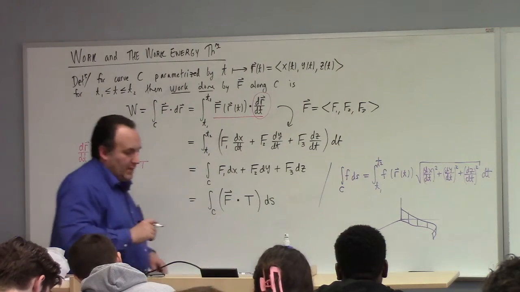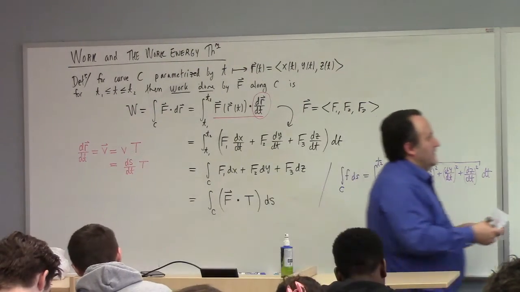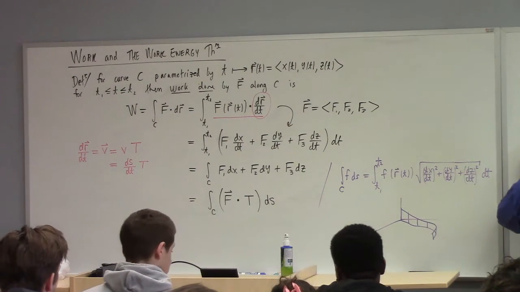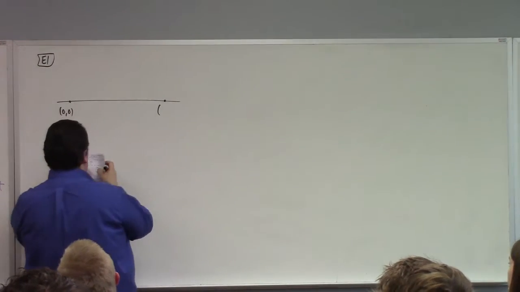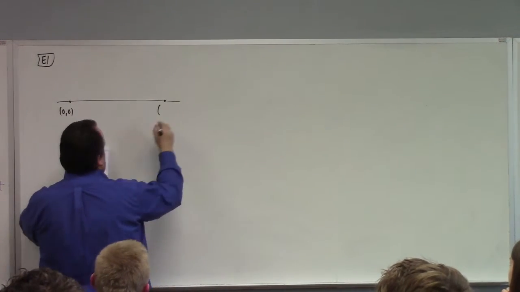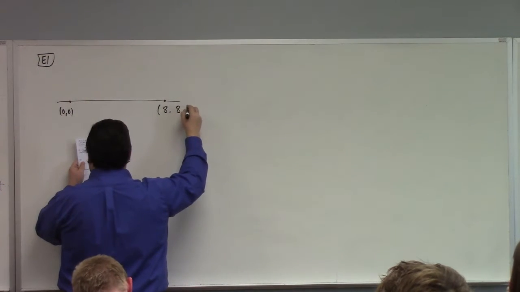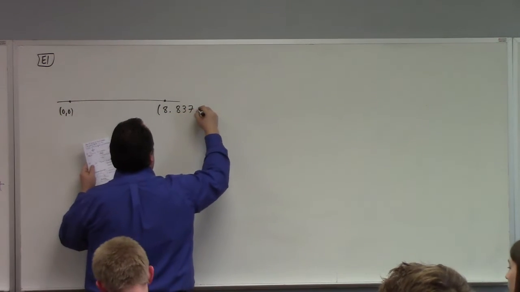Okay, so suppose we look at this particular path here. We're going to go from 0, 0 over here to, let's say, 8.837 meters.